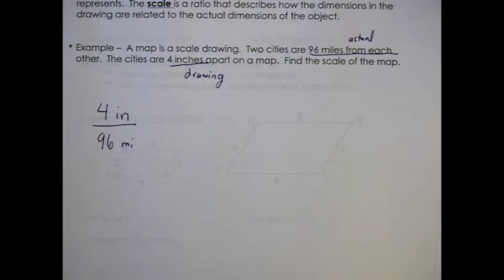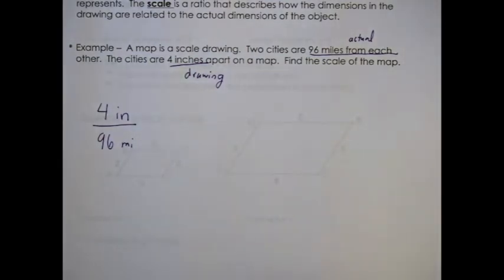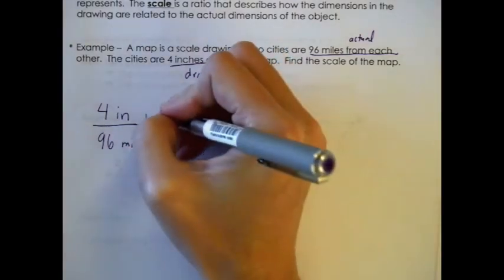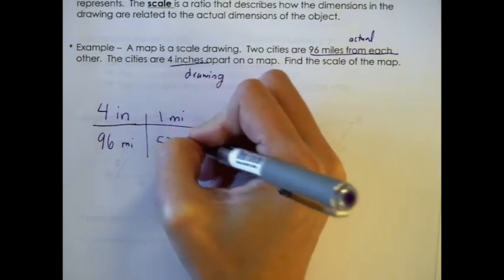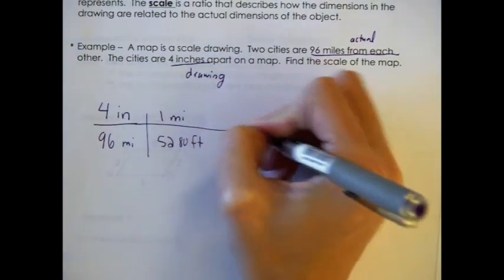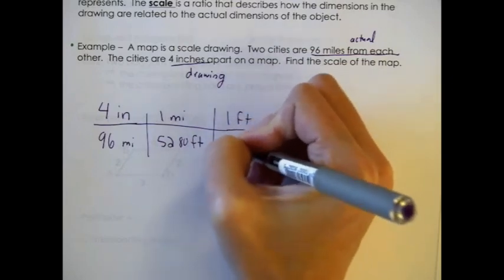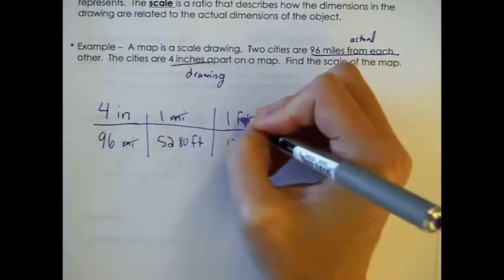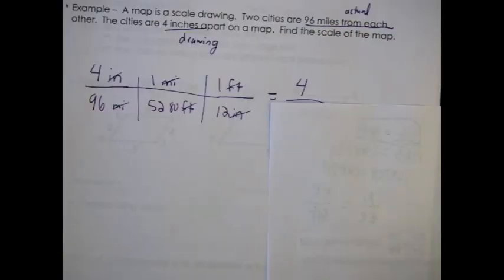But we're not actually done yet because our dimensions don't match. We need to have them in the same units. So 1 mile is equal to 5,280 feet, and 1 foot is equal to 12 inches. Now our miles can cancel, our feet can cancel, and our inches can cancel.